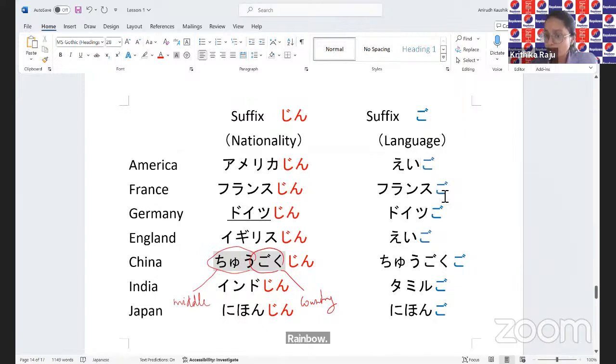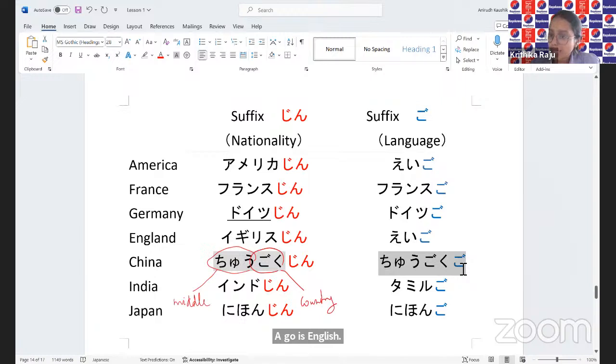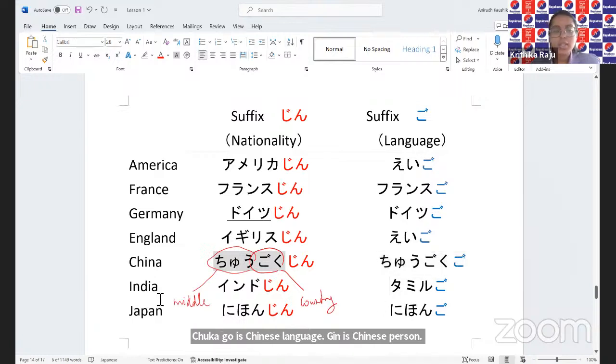And then you have Furansugo. Furansugo is French language. Furansu-jin is a French person. Deutsch-go is German language. Eigo is English. Chugoku-go is Chinese language. Chugoku-jin is Chinese person. Can you have an Indo-go? Does it make sense to say Indo-go? In India, we have so many languages, right?